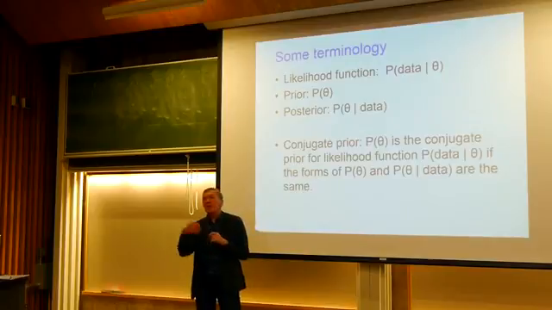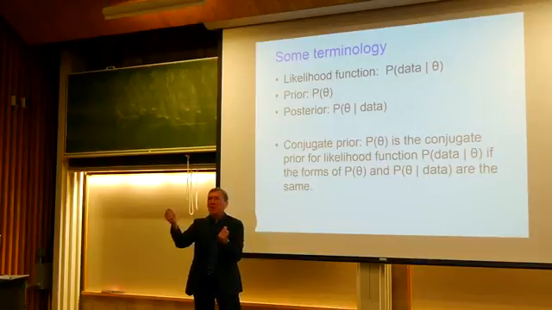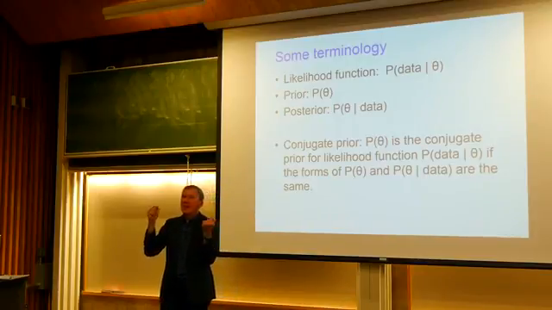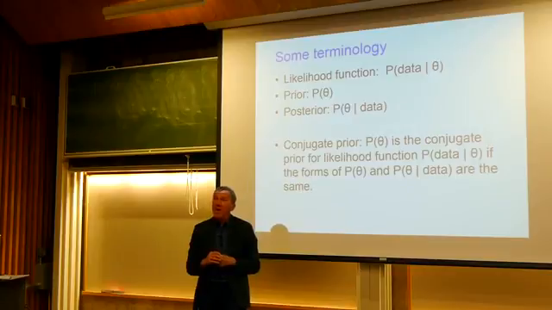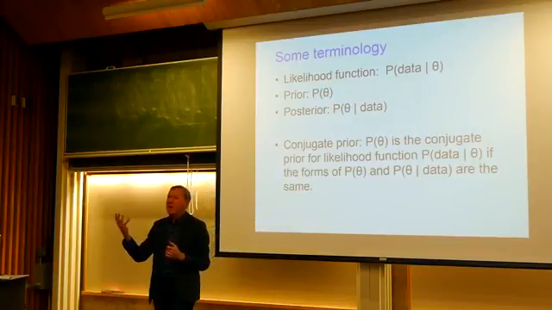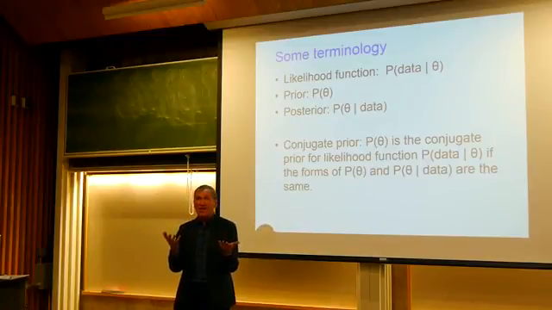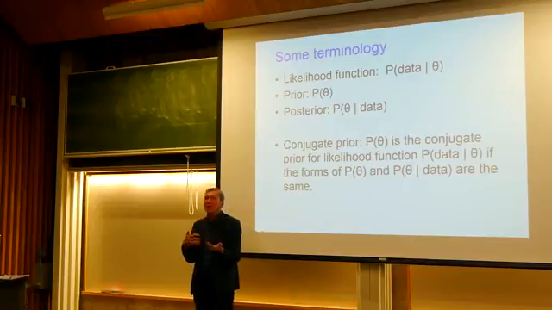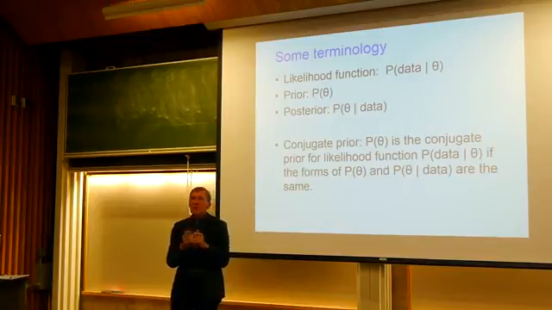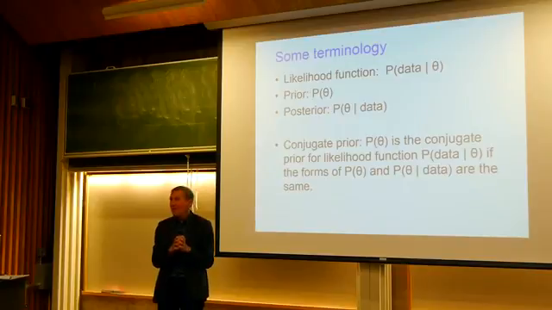So if you read papers on this, you'll often see people talk about how they found the conjugate prior for this likelihood function. They're celebrating because it means that their arithmetic becomes easy, and in many cases, it also means that there are parameters in that prior that can be thought of as hallucinated examples, as a way of capturing your prior knowledge about what you think the parameter might be.